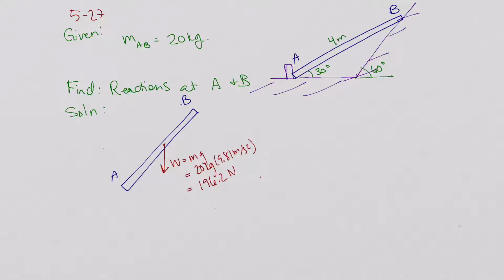And then the support reaction, so at A, we have that thing sticking up, so we basically have a reaction that's horizontal. It's normal to that plane that it's touching, and then normal to the plane that it's touching in the vertical. And then for B, it's just going to be normal to that plane, so it's going to be in this direction.